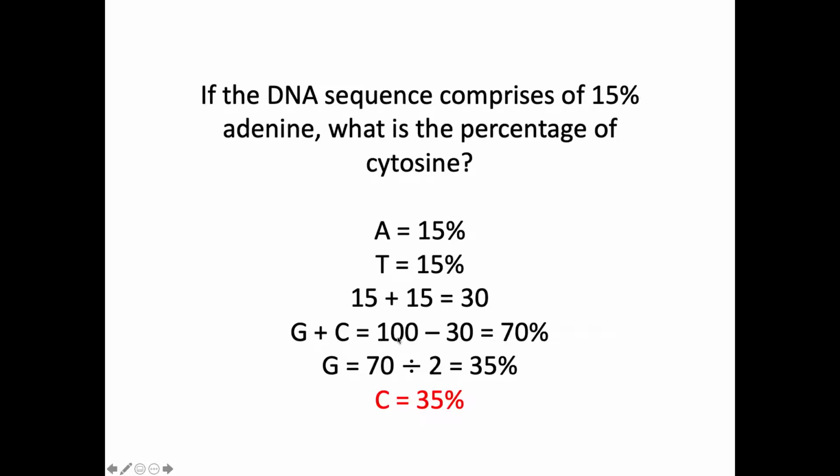So you subtract that 30% from 100, and you get 70%. And we know that the amount of cytosine always equals the amount of guanine, so next you just divide it by 2. And we get 35% guanine and 35% cytosine.